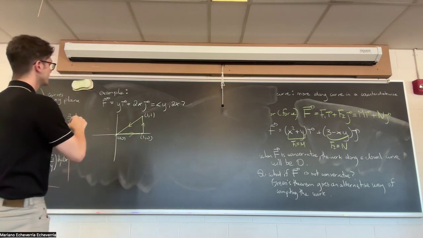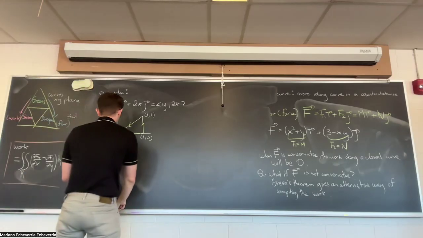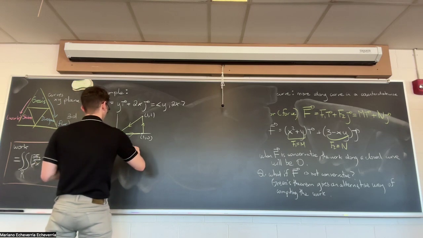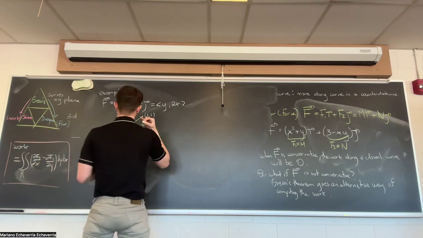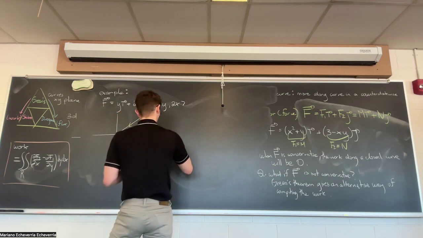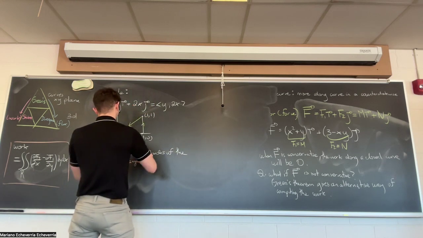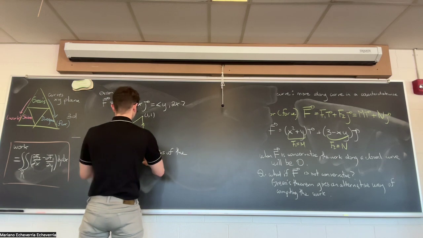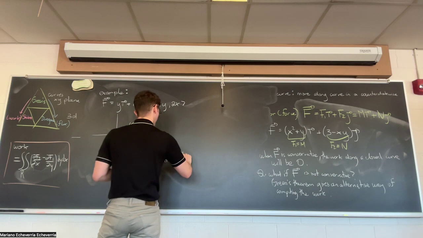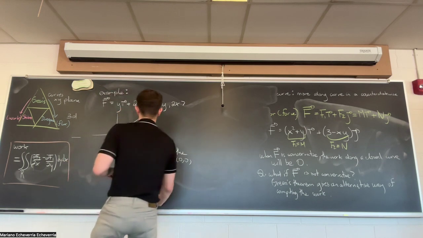So the curve C is the three sides of the triangle with vertices (0, 0), (1, 0), and (1, 1).